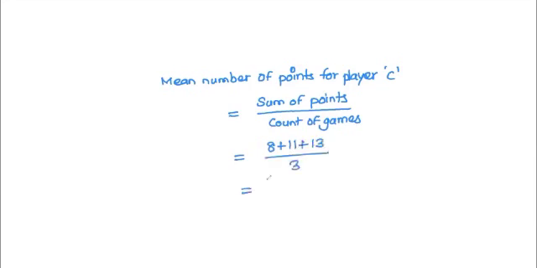That gives us 32 divided by 3, and hence the final answer is 10, 2 upon 3. So mean number of points for player C is 10, 2 upon 3.